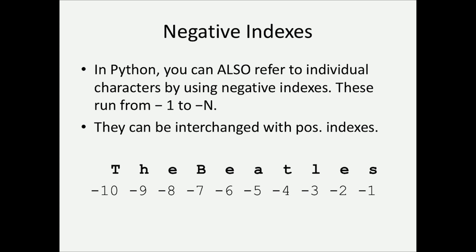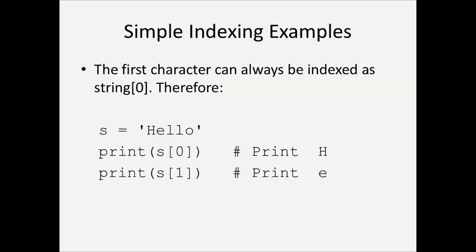You can also use negative numbers to refer to characters in a string, and they run from -1, which gets you to the end of the string, all the way to -n, which gets you to the beginning, where once again n is the number of characters in the string. This is really cool because it gives me another way of referring to the same characters with different numbers. Sometimes it's more convenient to use positive numbers, sometimes negative numbers.